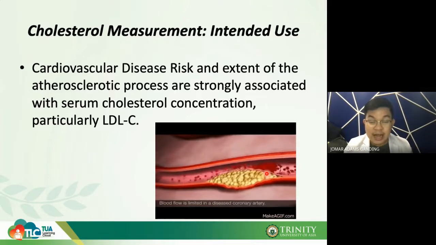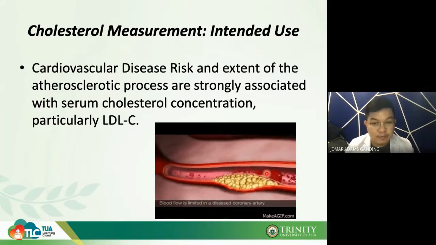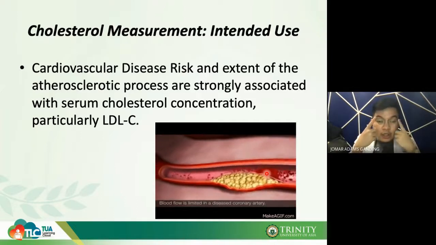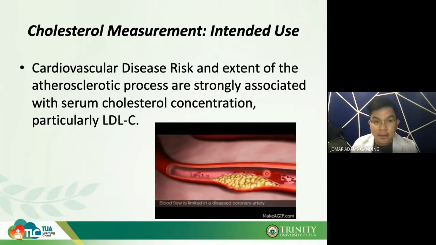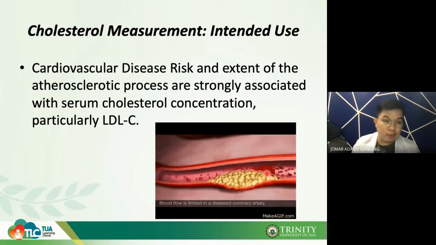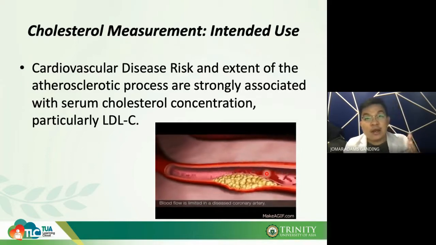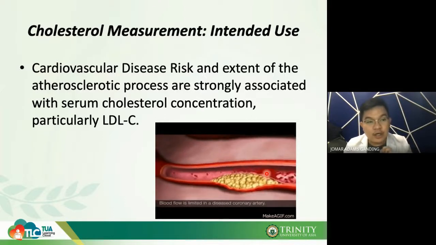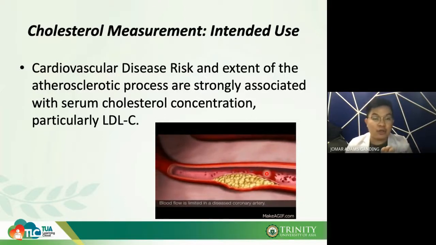So now, in the laboratory, it's very important for us to be able to measure them properly. So similarly, when it comes to the pre-analytical, the patient preparation is also important. But did you know that your cholesterol is actually part of a panel? When we say panel, these are a group of tests being done in the laboratory.